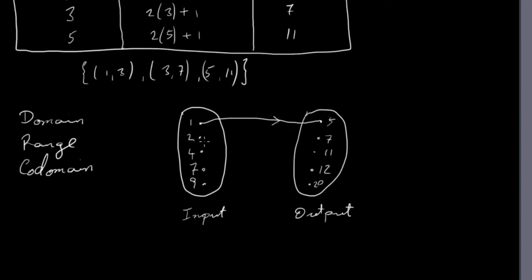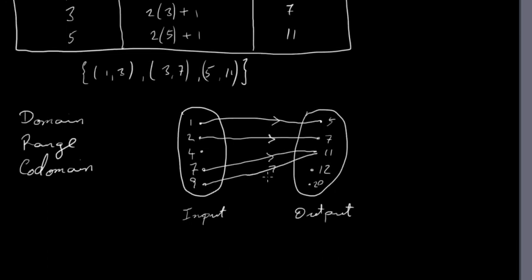We're going to map 2 onto 7. We're going to map 7 here onto 11. And let's say we map 9 onto 11 as well.